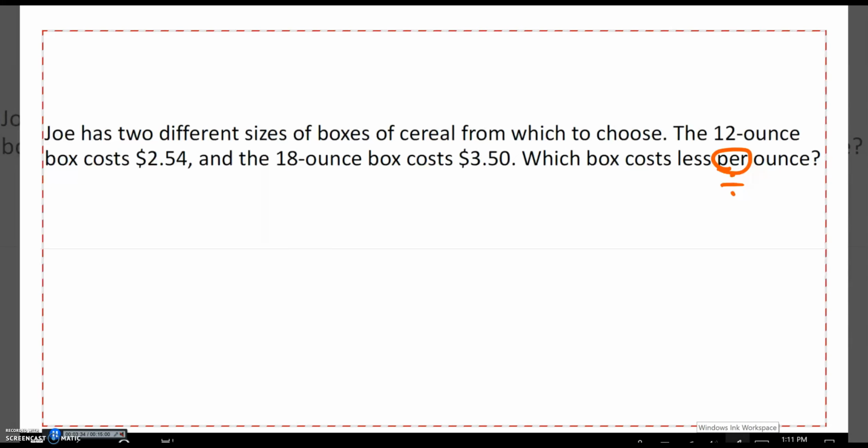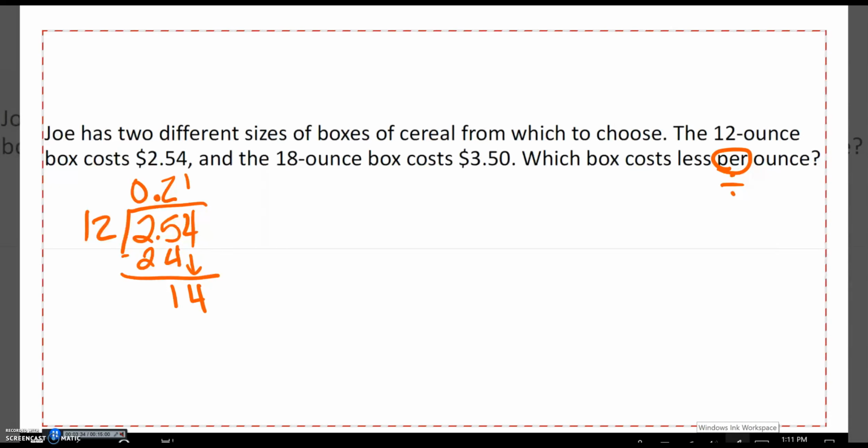So let's talk about the first one. Costs $2.54 for 12 ounces. So I'm going to do 2.54 divided by 12. So I bring that decimal straight up, and then I just ignore it. 12 does not go into 2. It goes into 25 twice, which is 24. Subtract, I get 1. Bring down my 4.